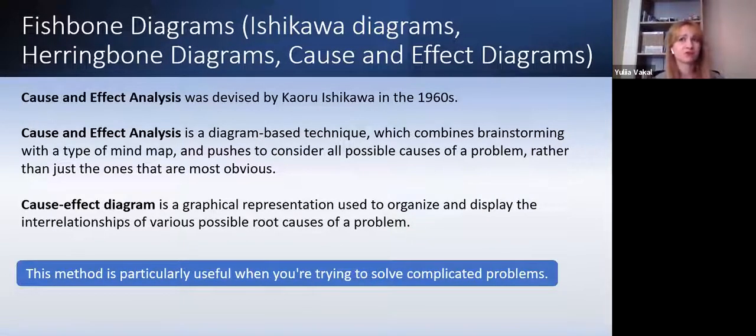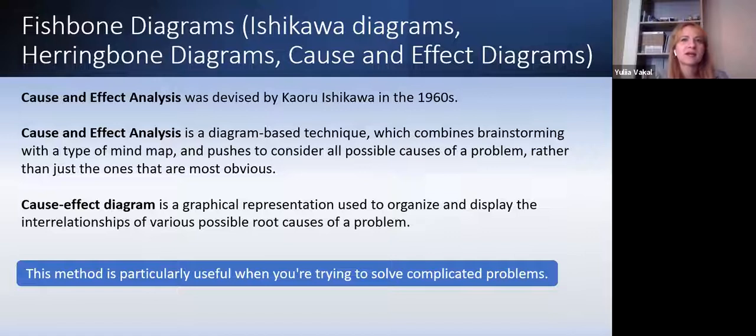The guy Ishikawa, I believe he's Japanese as well, worked in the shipbuilding industry, and they needed to do formal root cause analysis. So why do we call it a fishbone diagram? Basically because the shape of the resulting diagram looks like a fishbone. I will show some examples later.